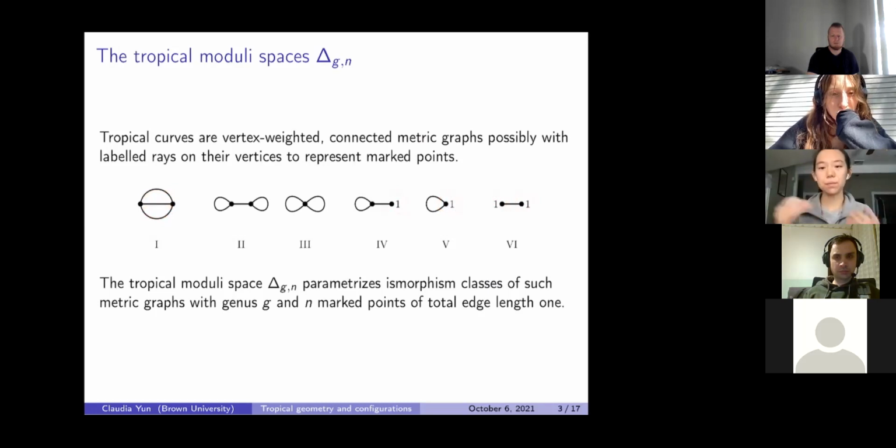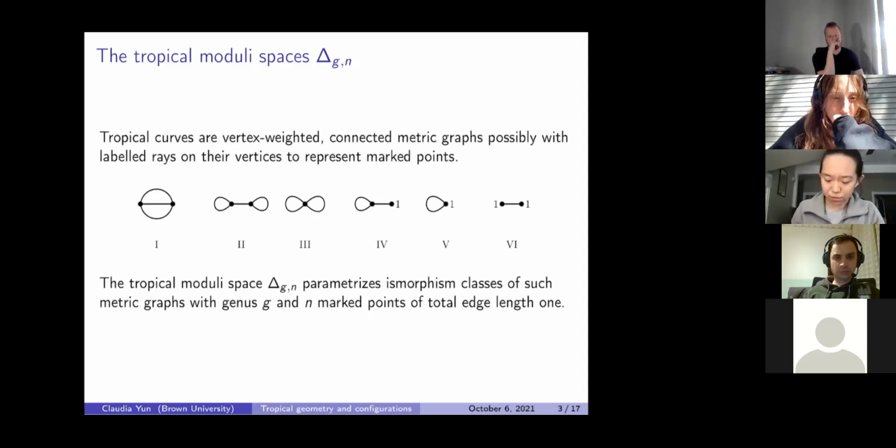And so we don't see any rays here. And the tropical moduli space, which we denote by ΔGN, as a topological space, it parameterizes isomorphism classes of these metric graphs with genus G and N marked points. And furthermore, we require all these metric graphs being parameterized to have total edge length 1.